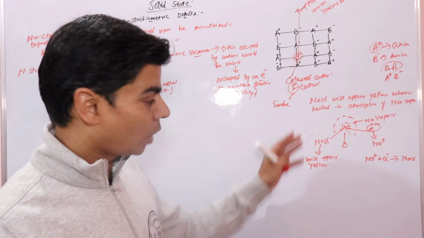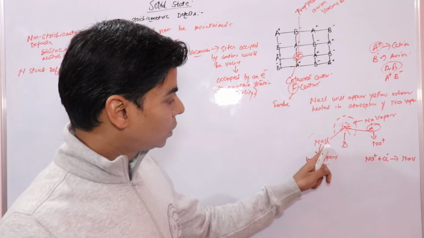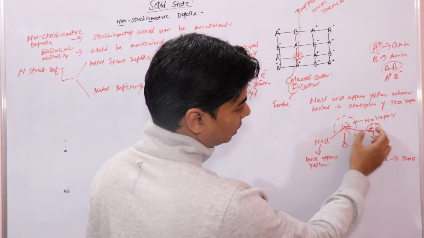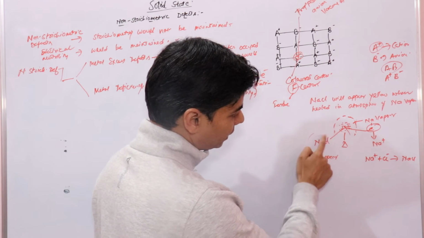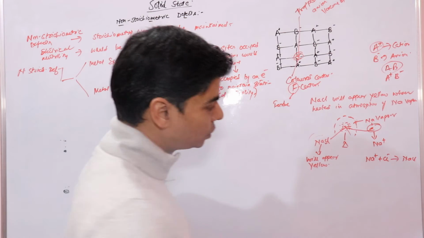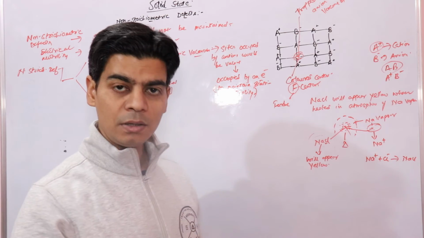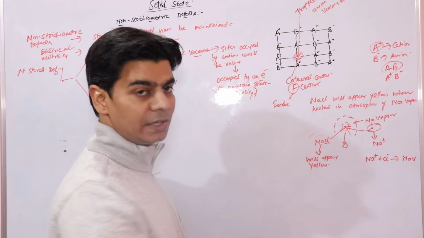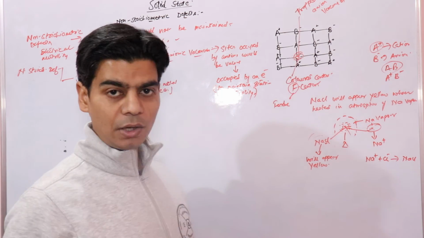How does an F center develop? One chloride ion leaves its place and reacts with sodium. The sodium loses an electron to form a sodium ion, and the electron moves into the crystal lattice to occupy the anionic site from where the chloride ion is missing.